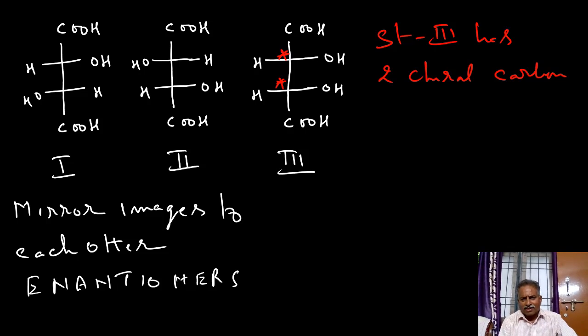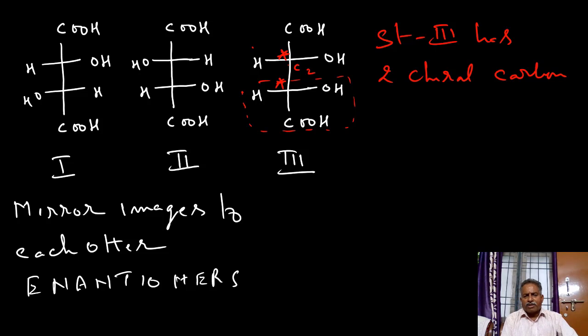See here the C2 chiral carbon: it has 4 different groups: hydrogen, carboxyl group, hydroxyl group, and the fourth one is this complete group. So it has a specific rotation. Similarly, the C3 carbon has hydrogen, hydroxyl, carboxyl group, and the fourth one is this.